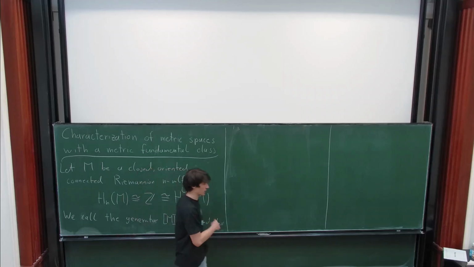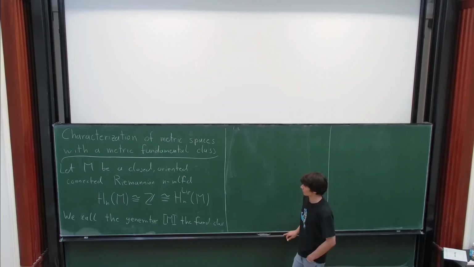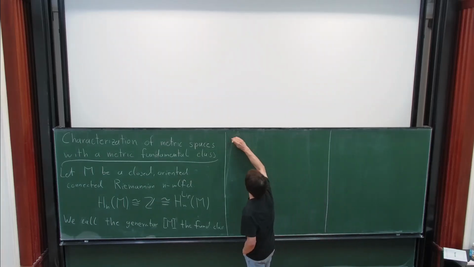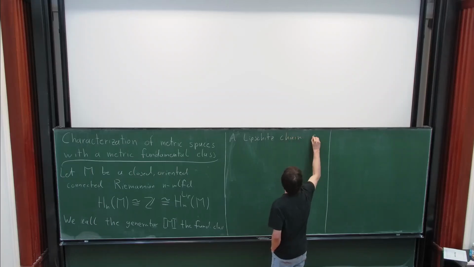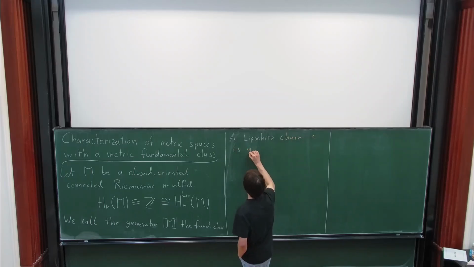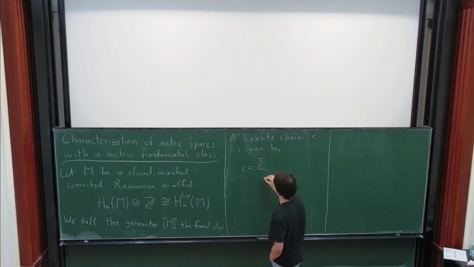Now, for example, we can already talk about the volume of such a chain, which is better to work with. Here, a Lipschitz chain C is given by a finite sum of integer coefficients times Lipschitz simplices.